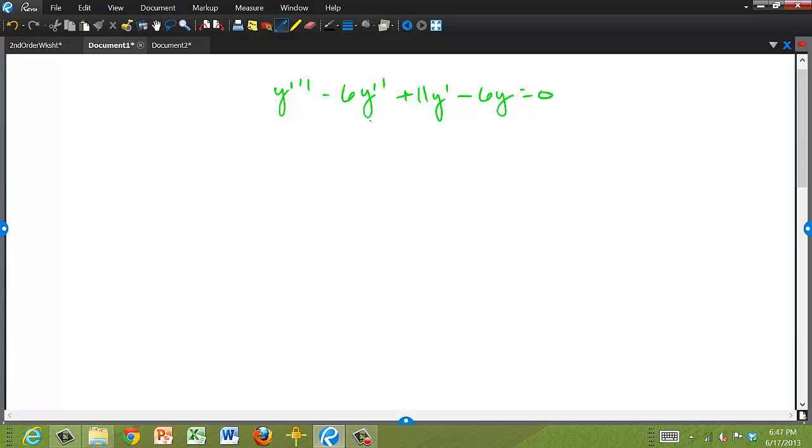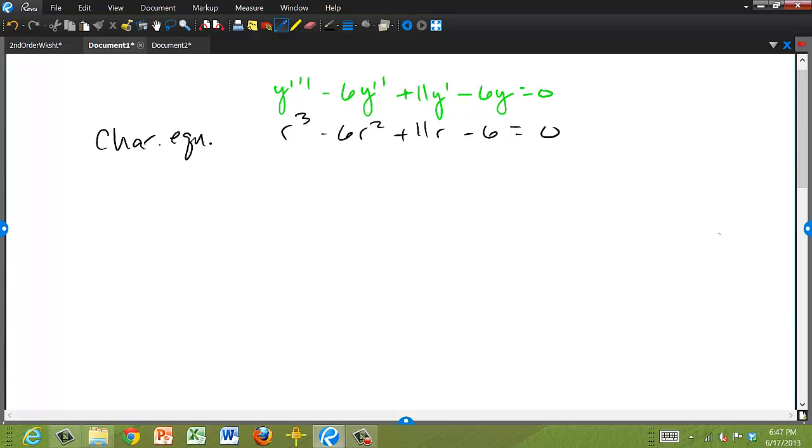I want to solve this third order ODE. I'll write down the characteristic equation. That's going to be r cubed minus 6r squared plus 11r minus 6 equals 0. And now you want to solve this cubic equation. I am going to give you some higher order equations like this. Expect you to be able to solve them.